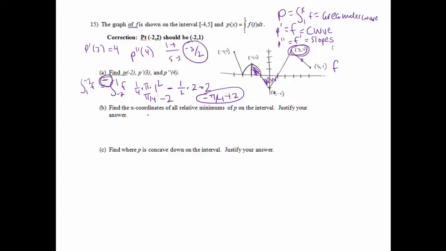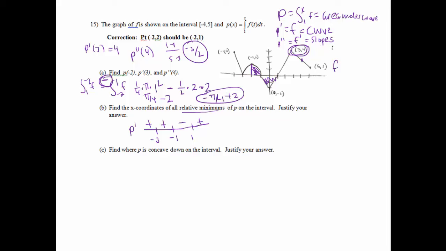Okay, part B, find the x-coordinates of all relative minimums of p on the interval. So if we want to find relative minimums, we need a p prime chart. And we know that p prime is just the curve, so we're going to be looking above and below the x-axis. So I am above the x-axis till I get to negative 3, and then I stay above till I get to negative 1, and then I drop below until I get to 1, and then I'm above for the rest of it.